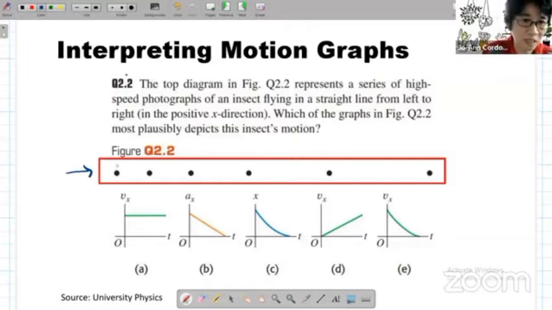So as you can see, we have dots representing the motion of an insect. So you will have 0, 1, 2, 3, 4, 5, and 6. So the question is, which of the following graphs below, you have graph A, B, C, D, and E, are the appropriate graphs to be able to describe this one?